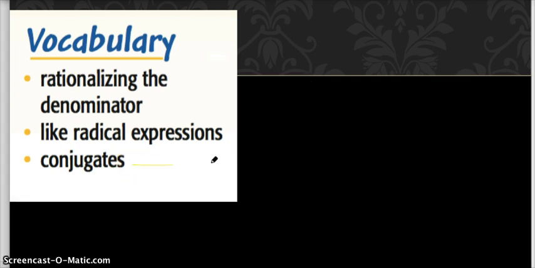Finally, the concept of conjugates really comes into play when we're rationalizing denominators that are not simple radicals but radical expressions. For instance, if I had a fraction that had, let's say, a 2 in the numerator but a square root of 3 plus 5 in the denominator, here this is a radical expression. It's an expression that involves a radical.